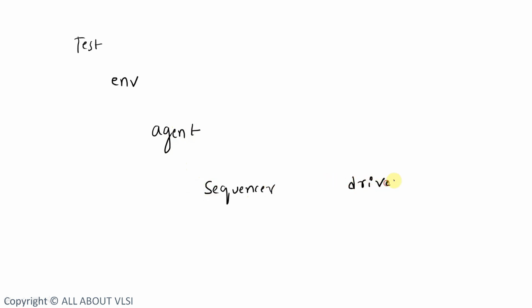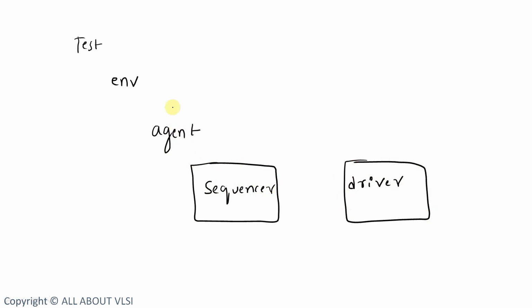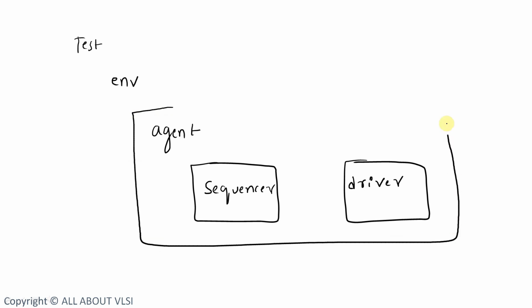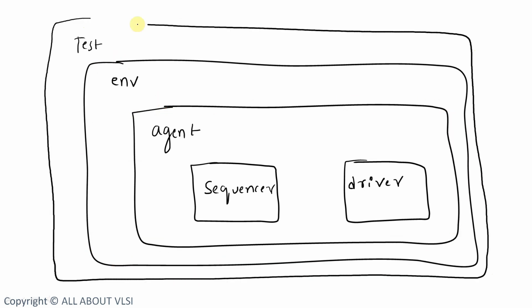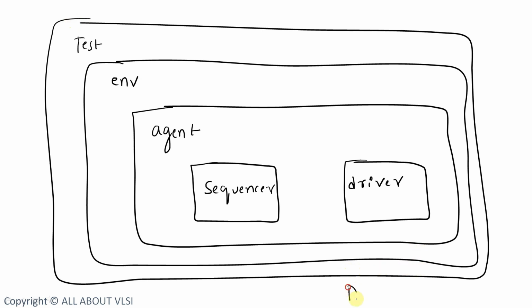So this is my sequencer and this is my driver, and this is my agent class, and this is my environment. Now let's say this is our DUT, and the test and the DUT are connected in the top module. I'm not drawing that. Okay, so this is our design.